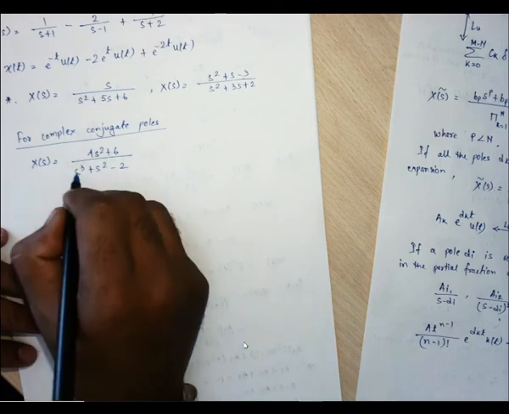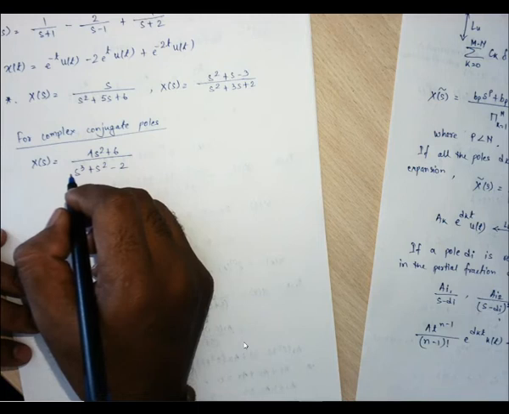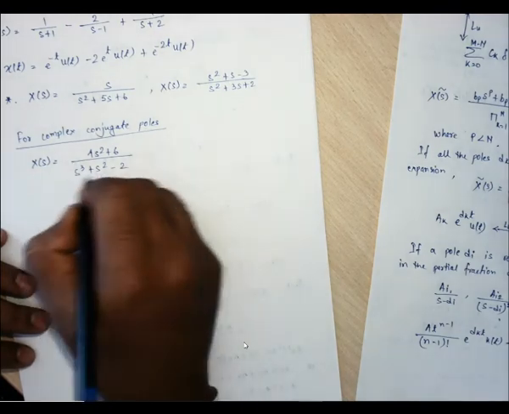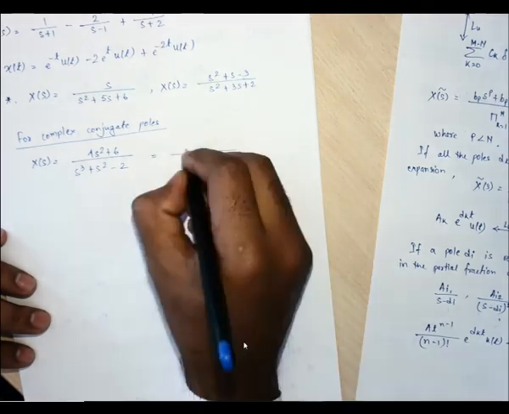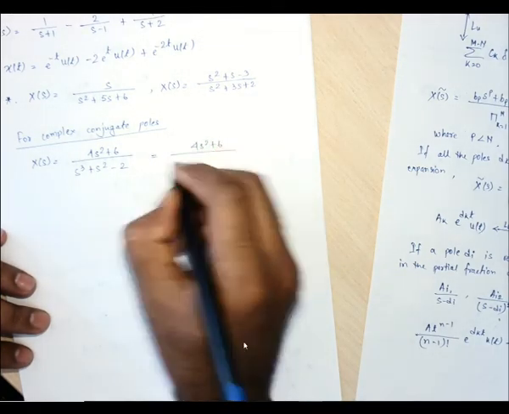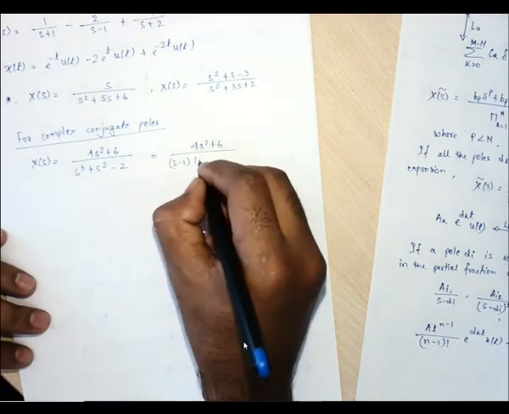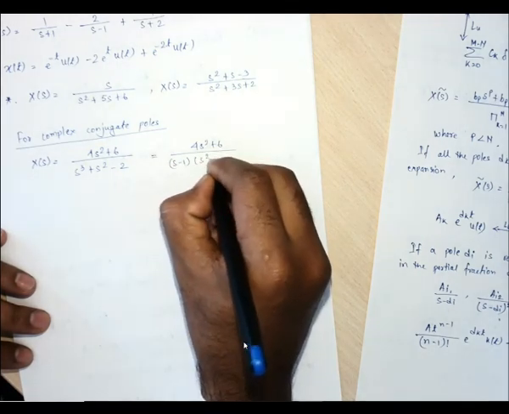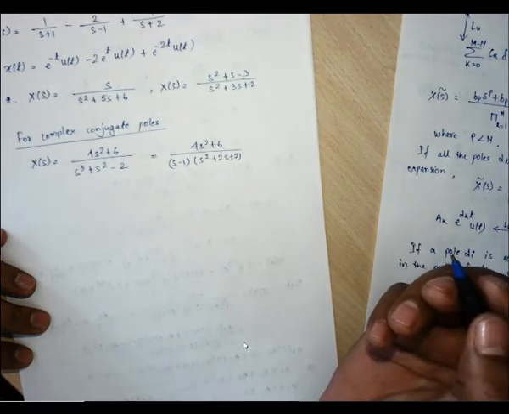Okay, so as it is of order 3, obviously there are 3 poles, right? So how can we find them? We need to find out the roots of this. If we expand this one, 4s square plus 6 by (s minus 1) times another part, (s square plus 2s plus 2), right?